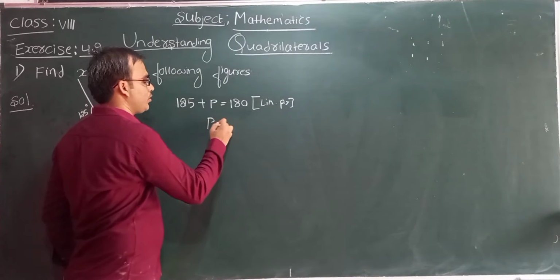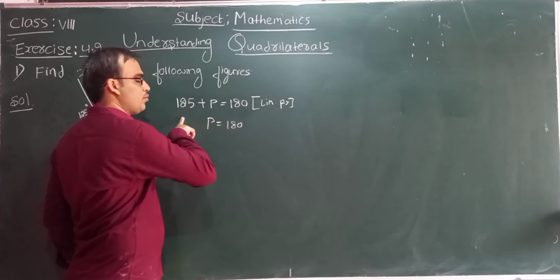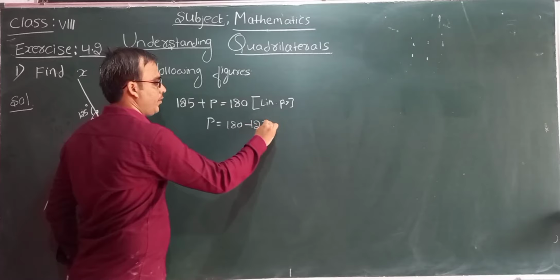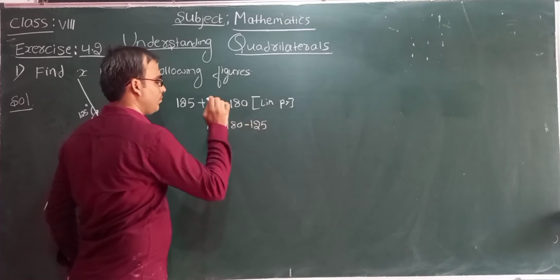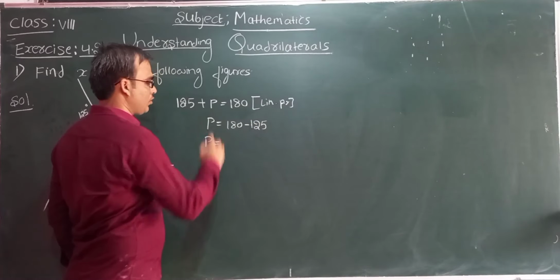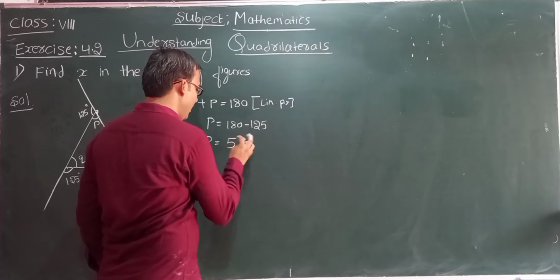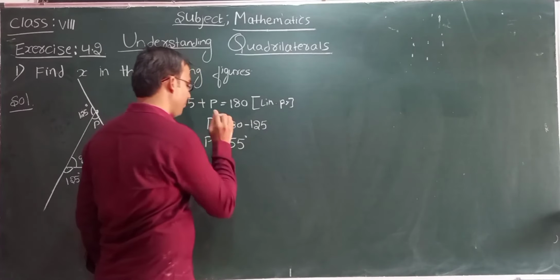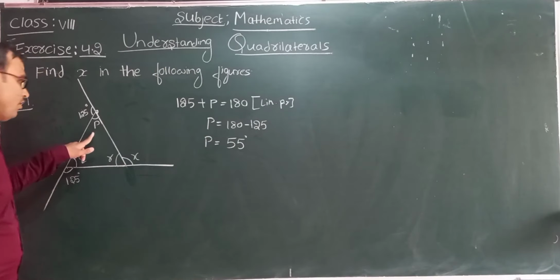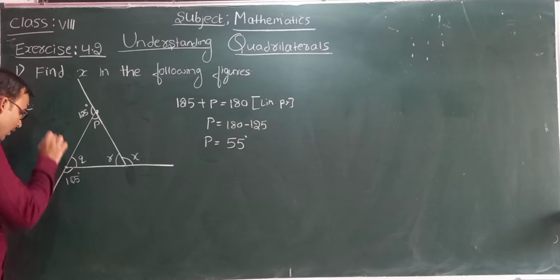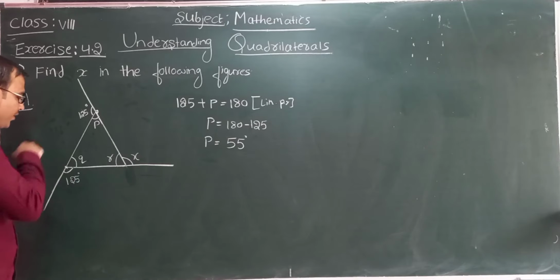Now P equals 180, transpose this towards the right side, so P equals 180 minus 125, which is 55. So here the value of P is 55.